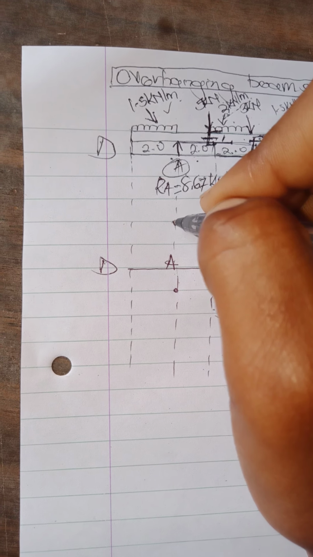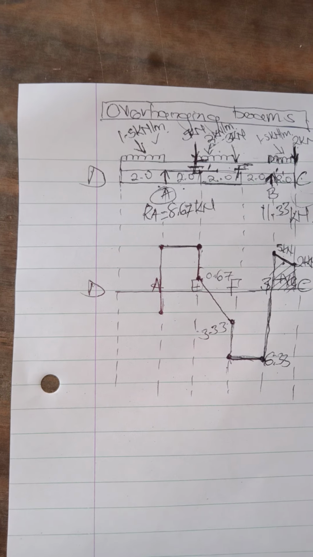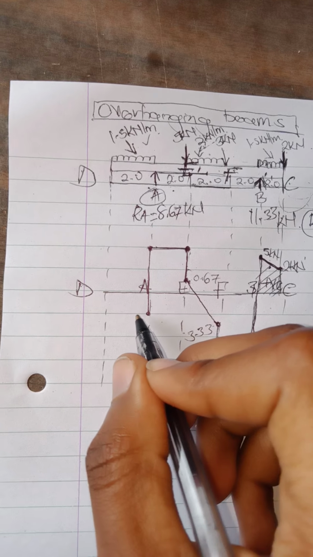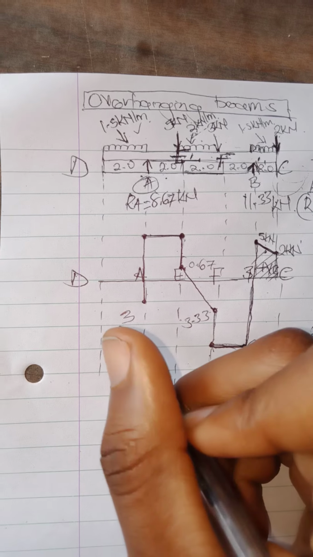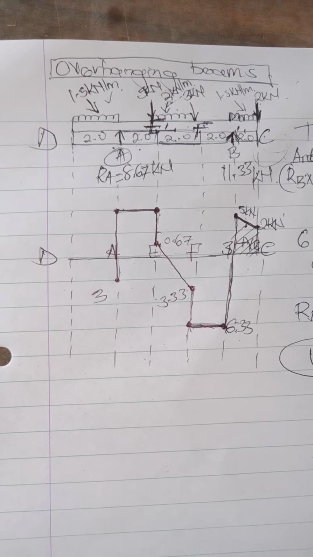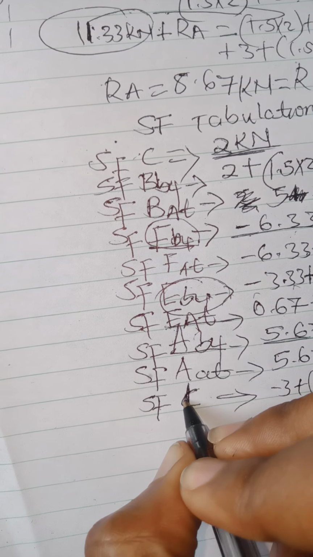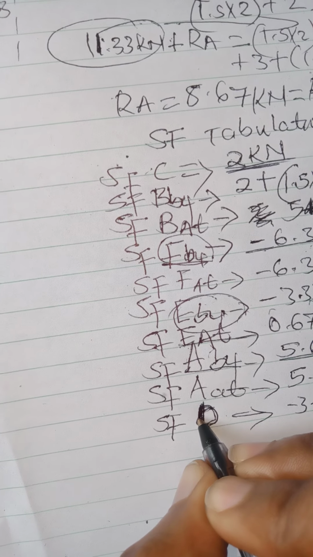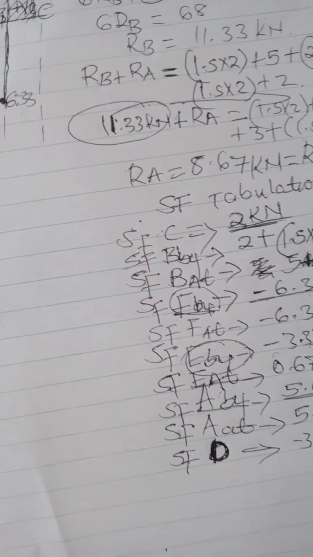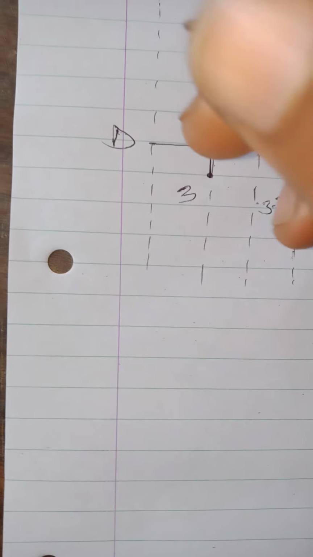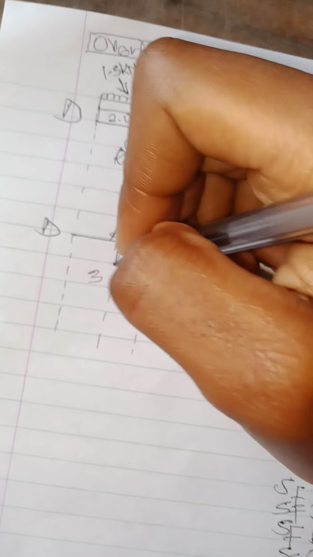So we go down to negative 3. Then our point D, SF, I'm sorry for misleading you here, it was point D, D for distinction. We go back to point 0 because of the UDL.